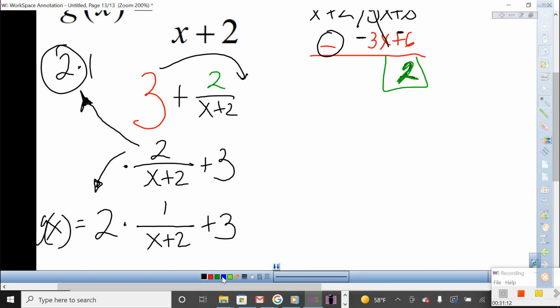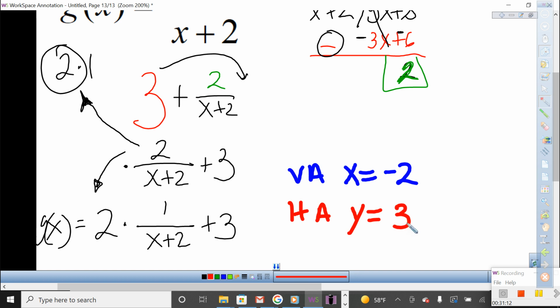All right. So, with that said, tell your neighbor the VA and the HA. All right, I heard VA is negative 2, yes, and the HA is 3.